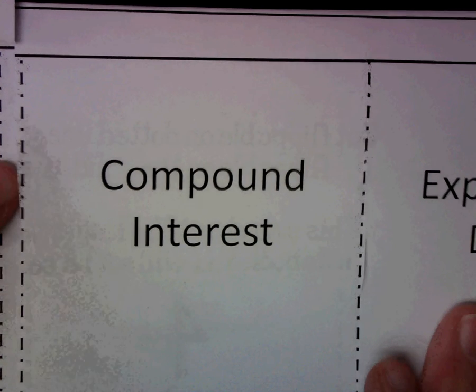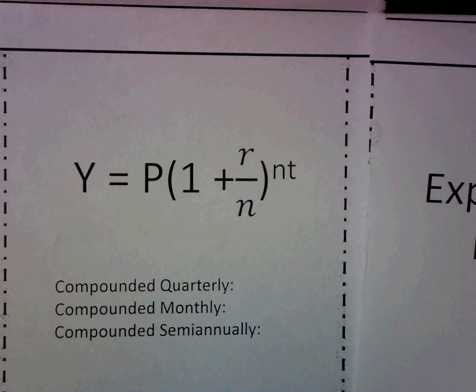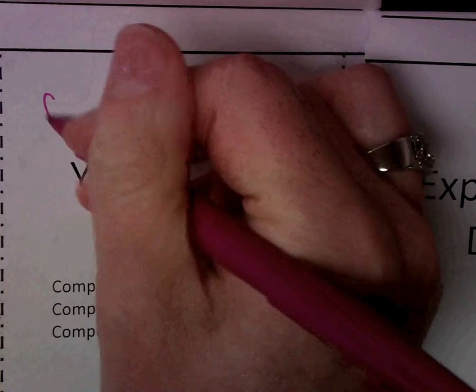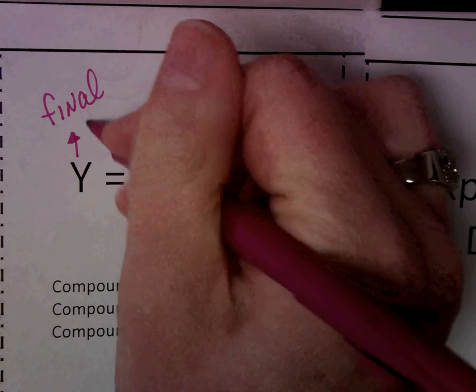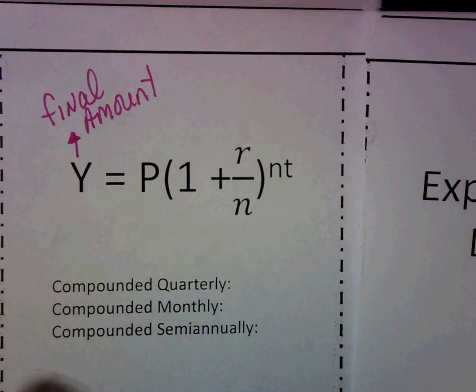Okay, let's go back to our foldable and let's look at compound interest. Compound interest, remember, is when the money is growing and it's growing faster. It's interest that is earned not only on the principal but on the interest as well. It's going to be a little bit more complicated than what maybe you've done in the past. So still, the y value stands for the final amount, how much total you have or how much total you need to pay.